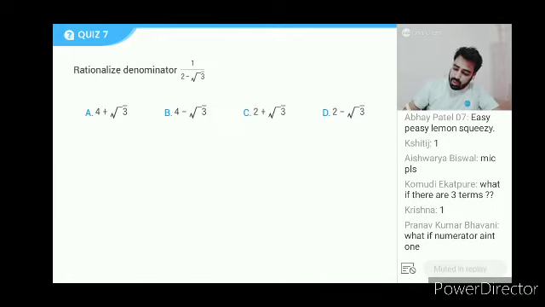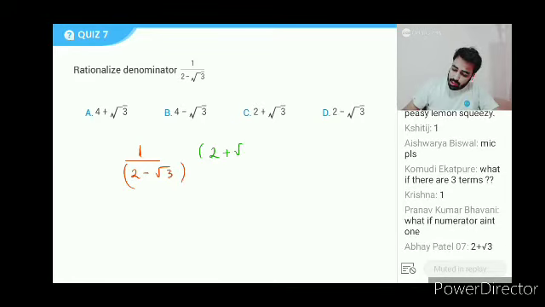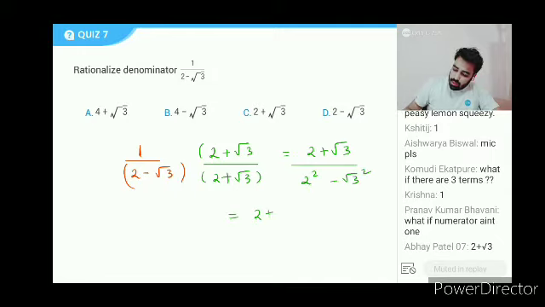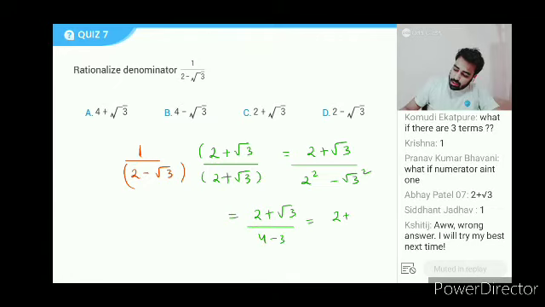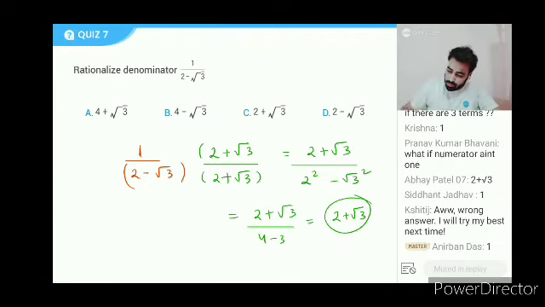Sir, we have 1 by 2 minus root 3, and from our knowledge from today's class, we identify the rationalizing factor as this. So it will become 2 plus root 3 divided by 2 square minus root of 3 square. That will become 2 plus root 3 divided by 4 minus 3, that is 2 plus root 3. Option C.